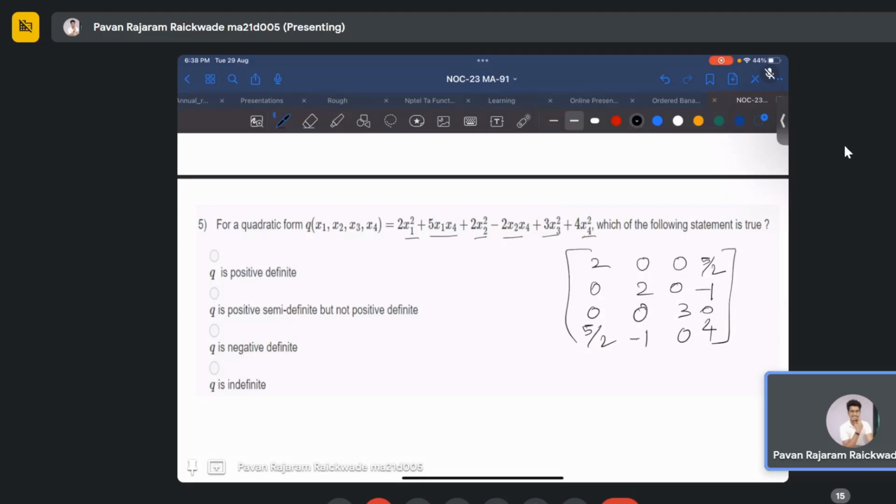Did you get it calculated? Is this a positive definite matrix? So you can say the leading principal minors, the first one is positive, and the second one is 4 minus 0, it's positive. Then you have to find the determinant of this guy. It's just a diagonal matrix, the determinant is also positive, 3 times 2 times 2. Now you have to find the determinant of the whole matrix.